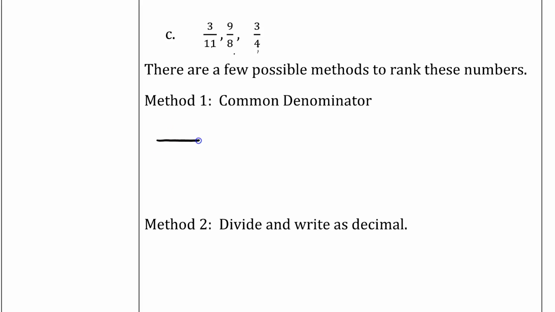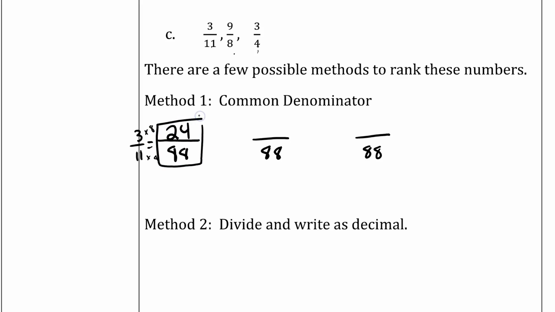So I'm going to say over 88, over 88, over 88. 3 over 11 equals, I'm going to multiply both by 8. 3 times 8 is 24. Then 9 over 8. It's going to be a number greater than 24 over 88, because 9 is greater than 8.